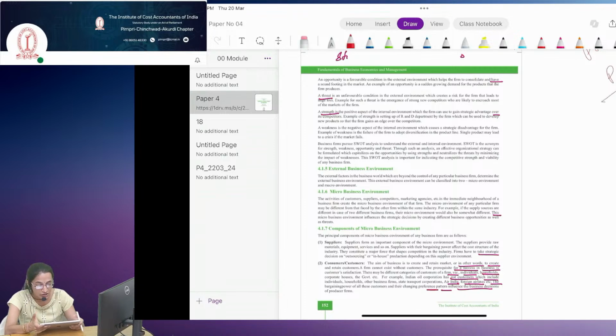Now, a strength is the positive aspect of the internal environment. Internal is the environment which is within the control of the organization, which the firm can use to gain strategic advantage over its competitors. See, every company has its own strengths and weaknesses. What could be one strength of an organization?